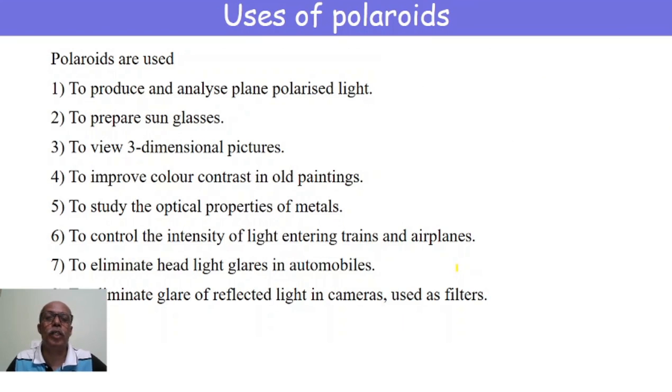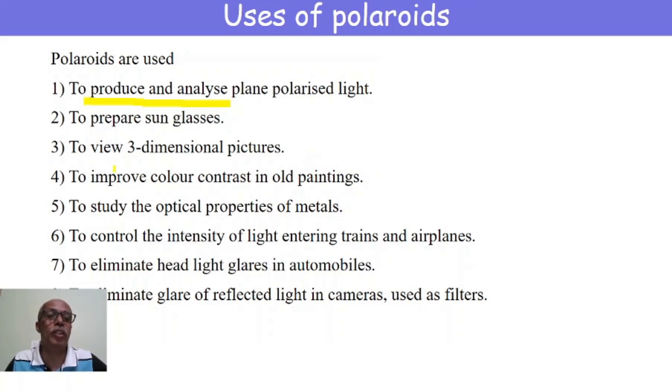Now coming to the uses of Polaroids. We have multiple uses of Polaroids, among which we are studying only a few. These Polaroids are used to produce and analyze plane polarized light.